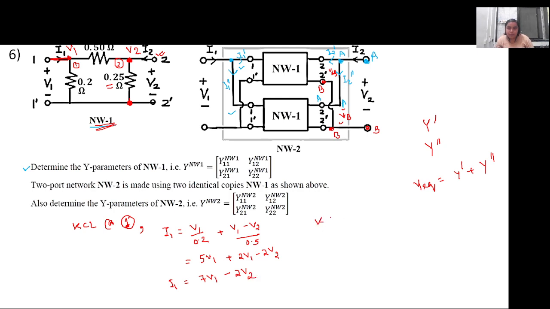Simply again we apply KCL at node 2. So I2 will be equal to, what will be I2? Plus V2 minus V1 by 0.5, right?